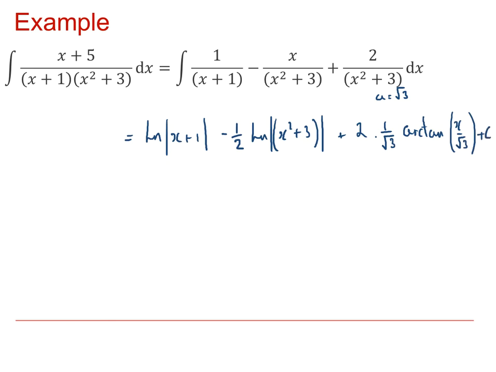Now we could combine the two logarithms. The -1/2 means that we're going to have the square root of x squared plus 3 in the denominator. So putting the two logarithms together, logarithm of x plus 1 on the top line, and then the bottom line will be the square root of x squared plus 3.